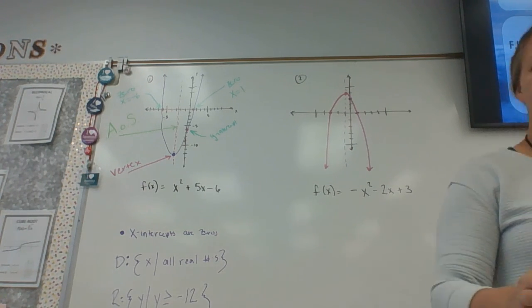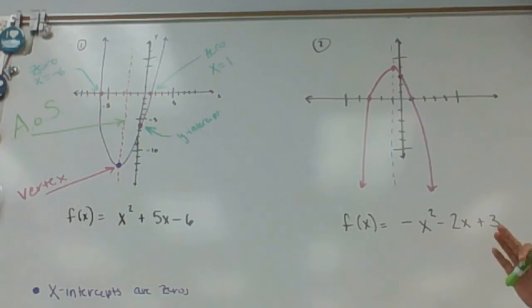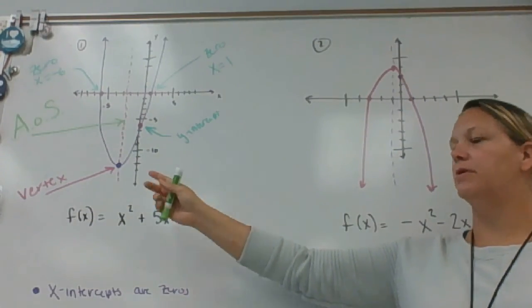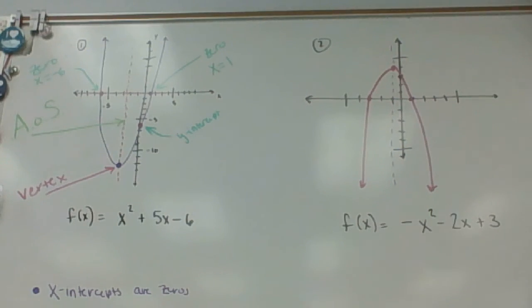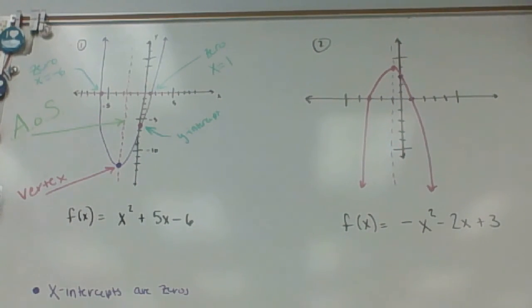Okay, so there's one other word that you need to know about parabolas. It's minimum and maximum. If you look, I previously did an equation of a parabola where the arrows point up, and an equation of a parabola where the arrows point down. What in the equation made this one point up and this one point down?